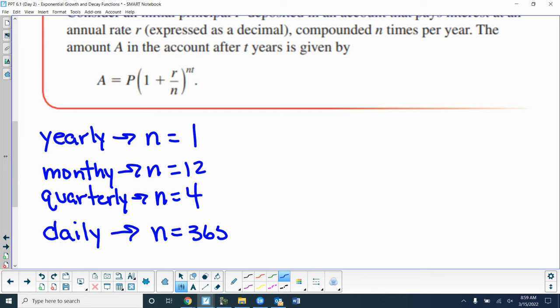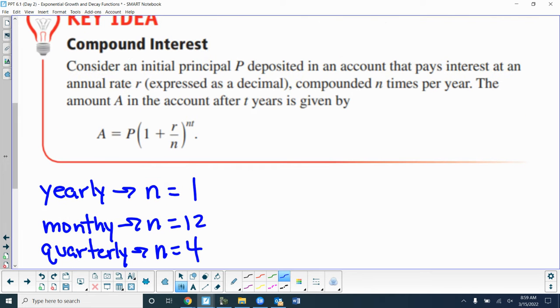And remember, it says NT here, right? NT means what? Correct. N times T. All right? So if it's daily for 2 years, that's 365 times 2. If it's monthly for 2 years, it's 12 times 2, 24. Okay? So remember, the NT means N times T when you plug it in.